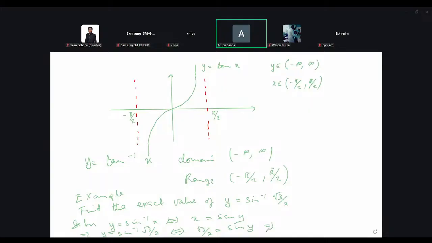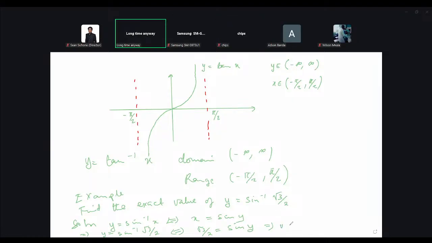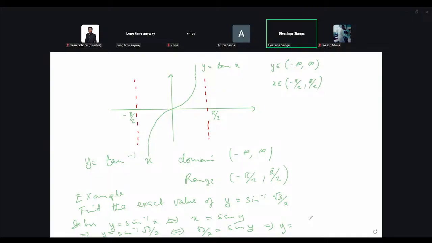So what angles will give you root 3 over 2 as a sine ratio? That's the only thing that you need to find. Tell me, if sine y is root 3 over 2, what is y? Sine 60.